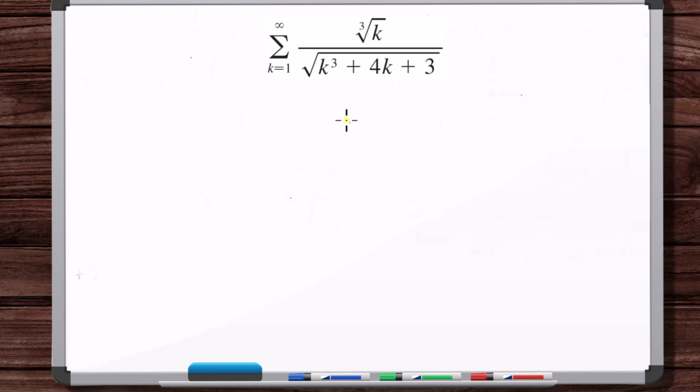Okay, so here, I just want to try anything. This looks like a mess. So if we took off this 4k plus 3 here, we would get what?